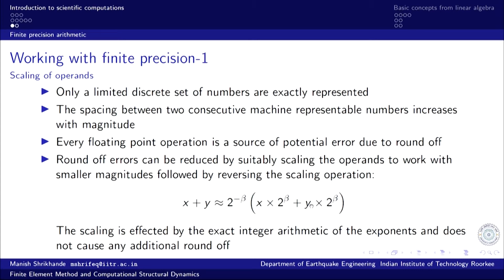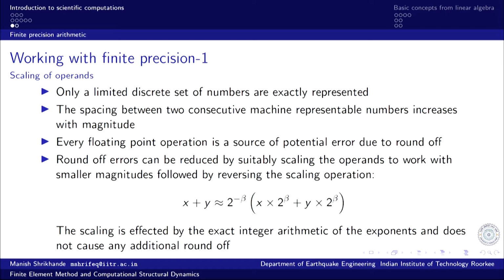So x and y are both scaled to numbers small in magnitude, and the addition can then be performed. Subsequently the result can be scaled back by negating the scaling, so the result is multiplied by 2 raised to the power minus beta. That will negate this scaling operation.